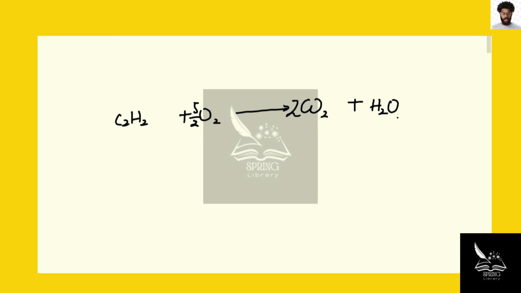So it says you have 10 grams of the acetylene. What you need to do is first calculate the moles of the acetylene used. So it equals the mass over the molar mass. The mass here is 10 grams. The molar mass for the acetylene is 2 times 12 plus 2, so it's 26.